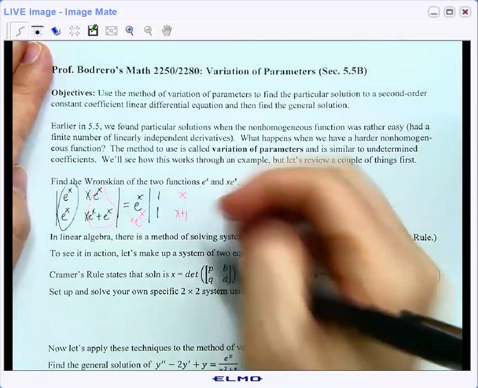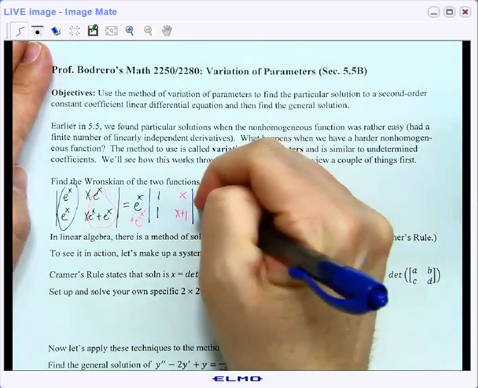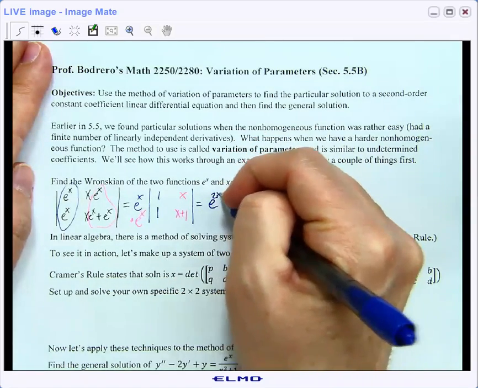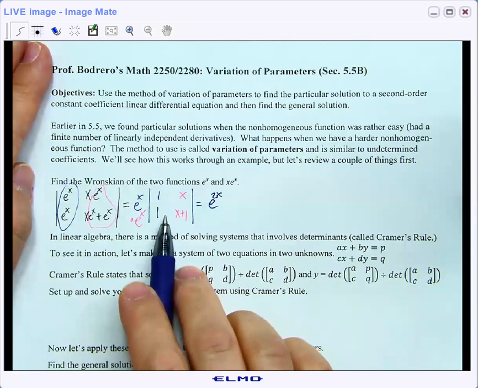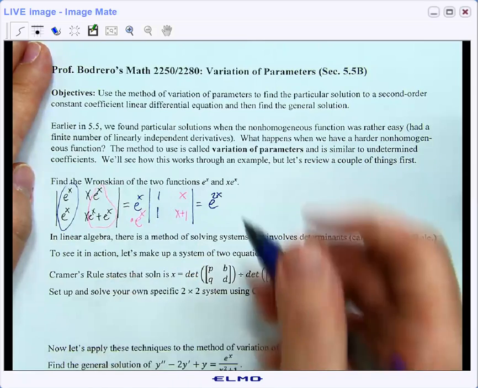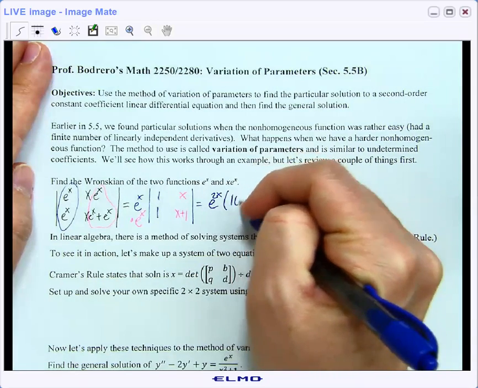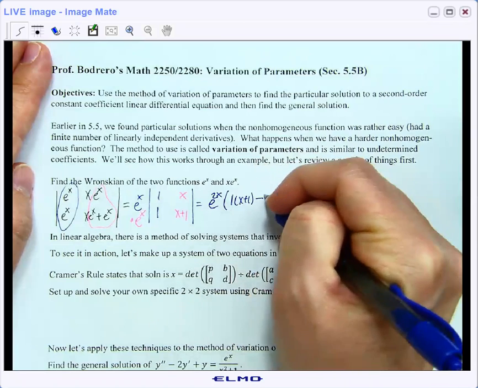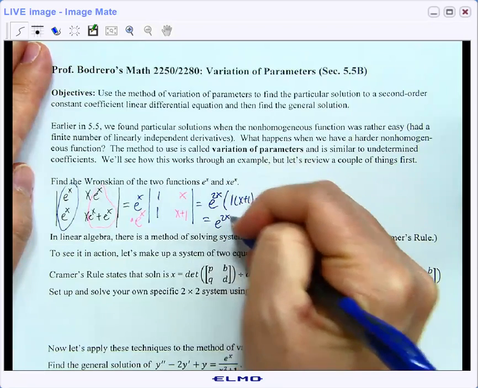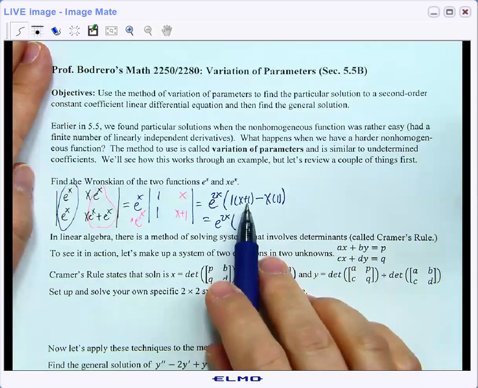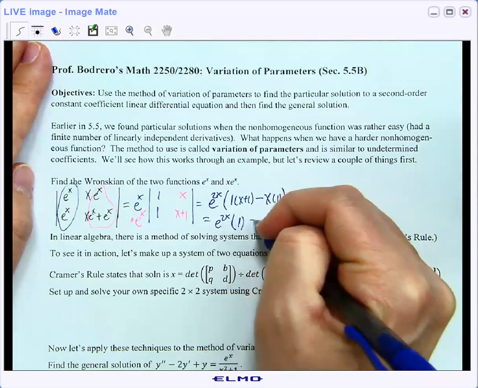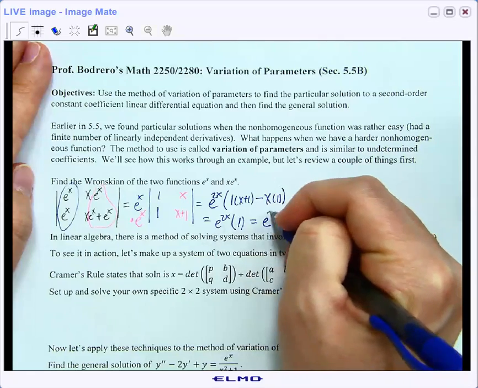So we would then get our determinant here. This would be e to the x times e to the x, which is e to the 2x. And then to do the determinant of a 2 by 2 matrix, it's rather easy. We take AD minus BC. So we'll have 1 times x plus 1 minus x times 1, which is e to the 2x times x plus 1 minus x, which is just a simple 1. So our determinant would be e to the 2x.